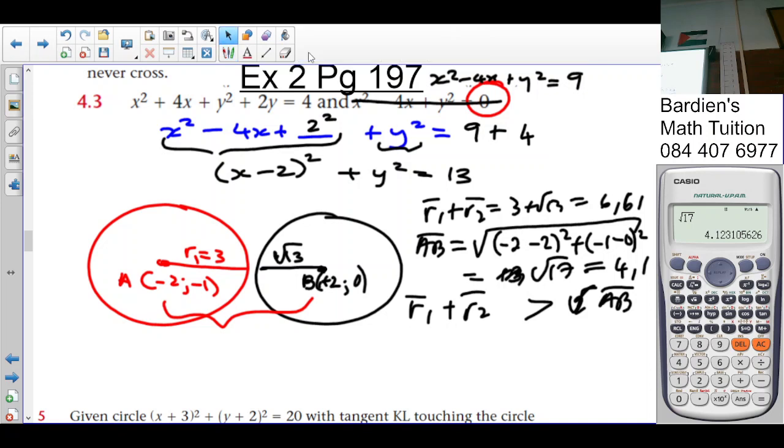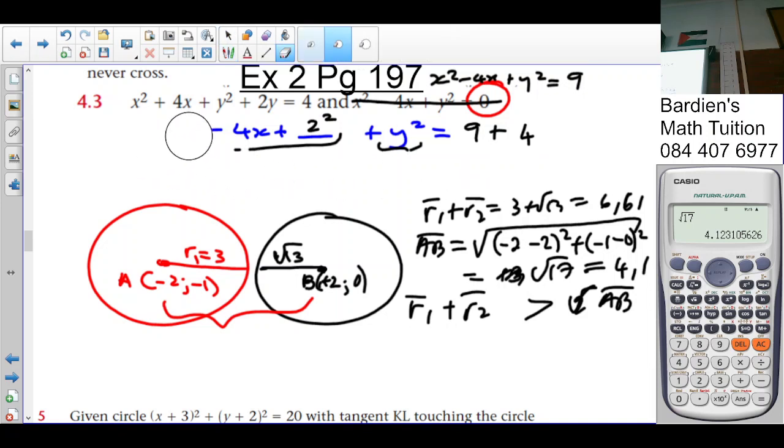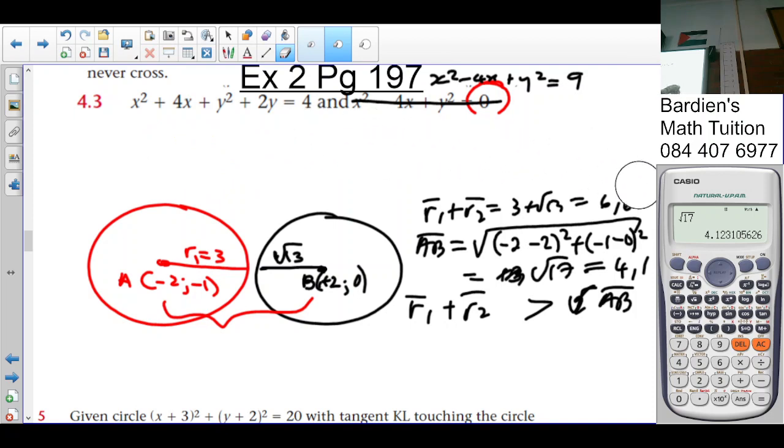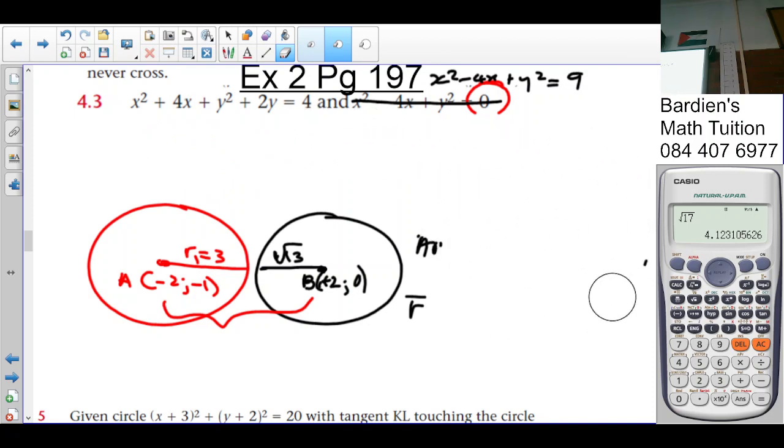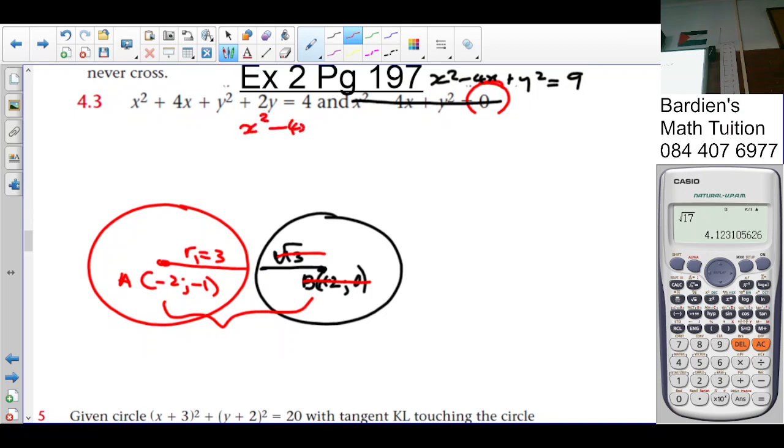Plus 2y. Alright, so that's the equation. The second circle should read x squared minus 4x plus a number plus y squared plus 2y plus a number equals 9 plus the first number plus the second number.